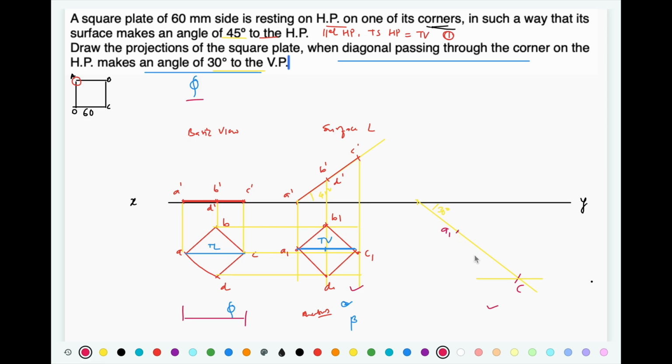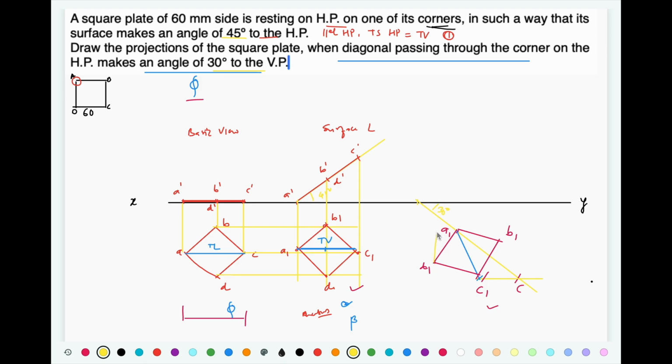Choose A1 as a center and make an intersection with this locus, and this one is going to be the A1C1 diagonal. Now referring to this diagonal, complete the remaining view. Let's say this is your point B1 and this is your point D1.